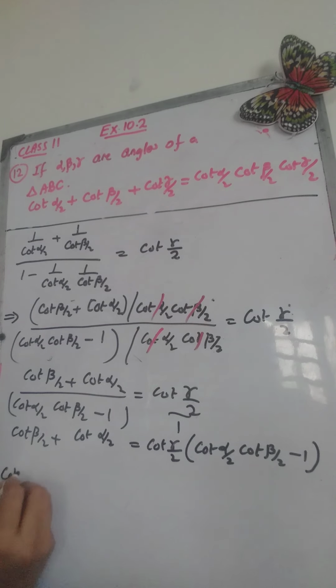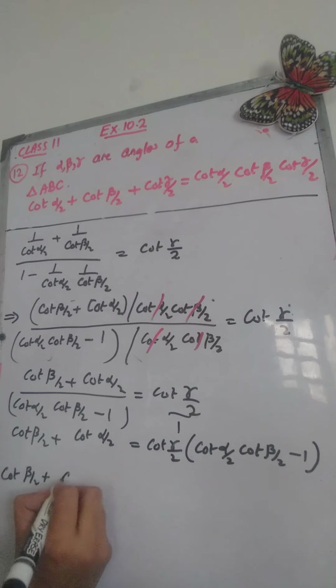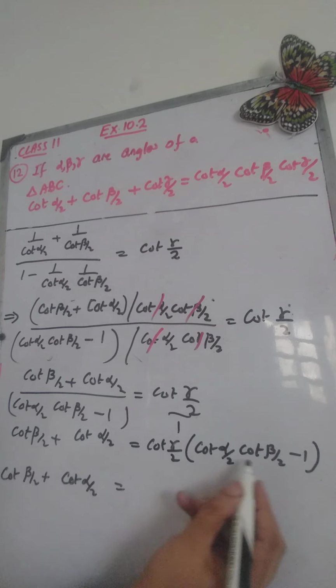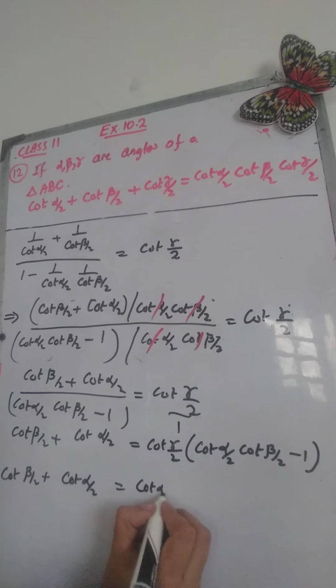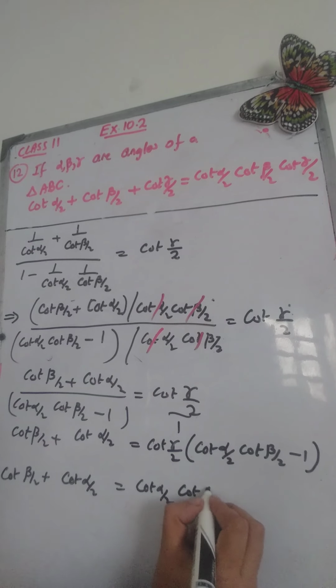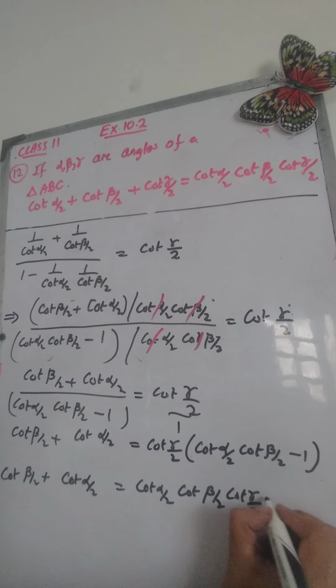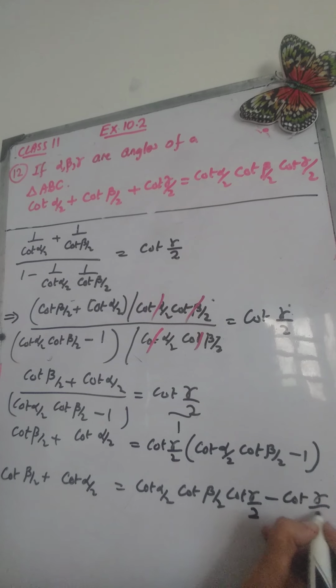Now this will be equal to cot beta by 2, and multiplying this bracket we are going to get the product of these three, and minus cot gamma by 2.